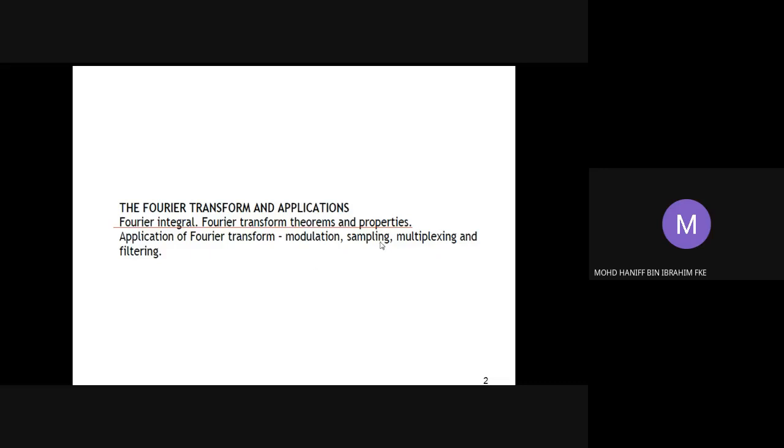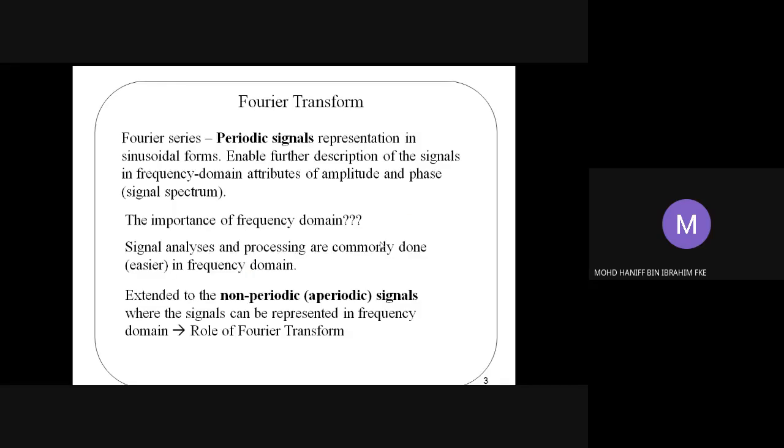Right. From what we have learned in chapter 2, which is on Fourier series, we have learned that Fourier series is a method of representing a periodic signal, in which any form of periodic signal can be represented by a Fourier series, where we write the periodic signal in the form of sinusoidal equations.